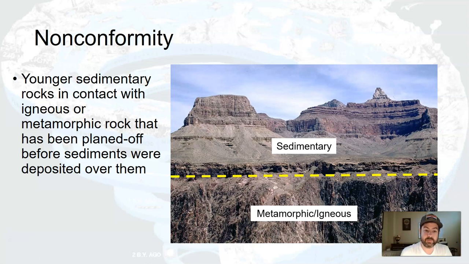These are a change in processes with a gap in time, different rock layers. That's known as a nonconformity. So missing information between older igneous or metamorphic rocks below and younger sedimentary rocks above. Disconformity, sedimentary. Nonconformity, sedimentary on top of metamorphic or igneous rocks.